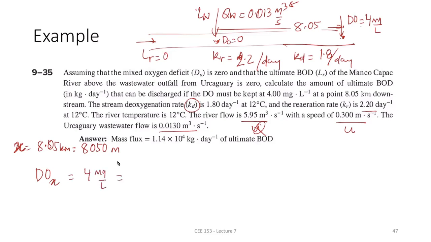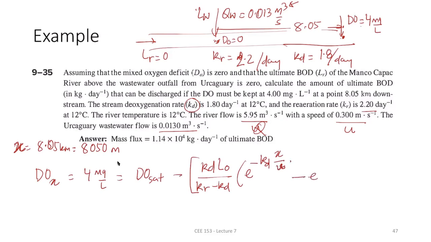And you know the formula for DO at that spot is basically DO sat minus KD L0 over KR minus KD, times e to the minus KD x over velocity minus e to the minus KR x over velocity, plus D0 times e to the minus KR x over velocity.